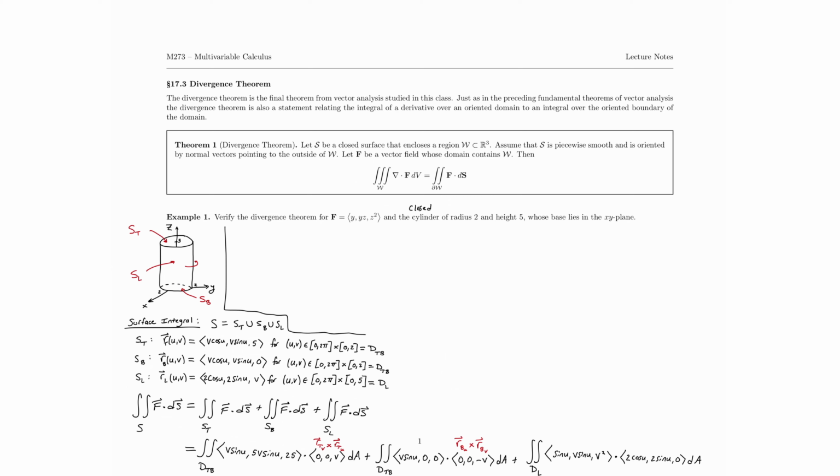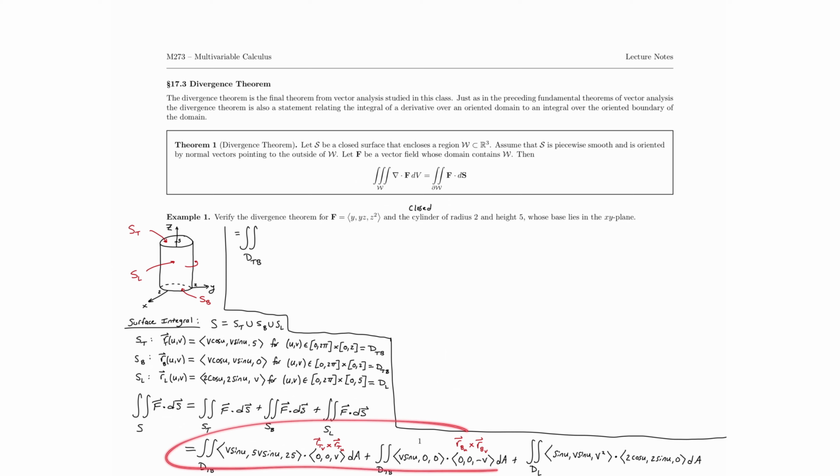So we are going to take advantage of this space here and continue up here. I can group these first two terms together because they're over the same domain.